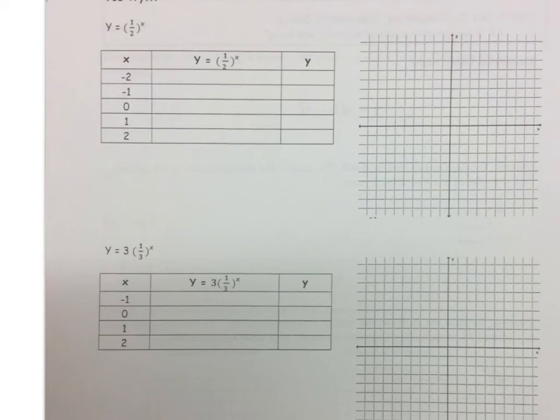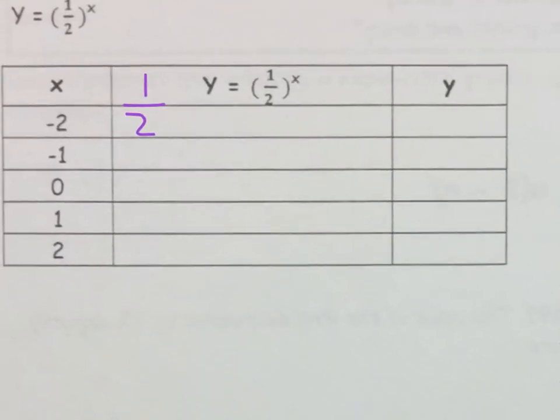Remember your strategy. You can always plug away. 1/2, that's way too big. 1/2 to the -2. That moves it up to 2 squared, which is 4. 1/2 to the -1.